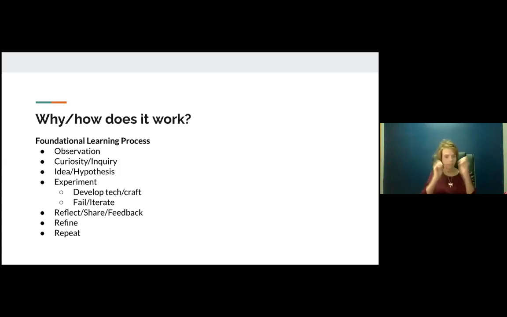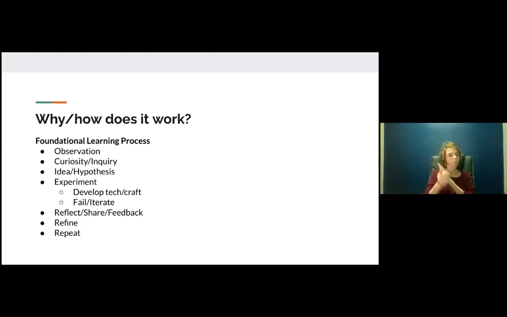So maybe the experiment is, I'm going to paint using only blue. And then I'm going to explore all my paintings, the figures, whatever I'm painting, I'm only going to use the color blue and see what I can do within that. I think in that experimenting process is where we develop our technical and craft skills.